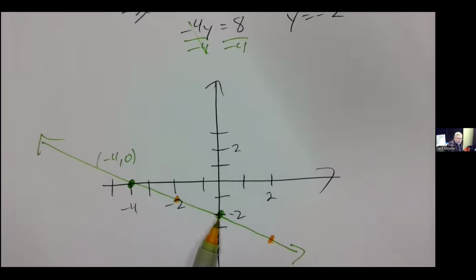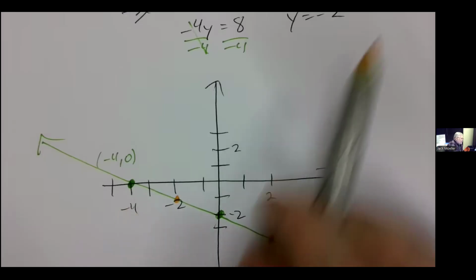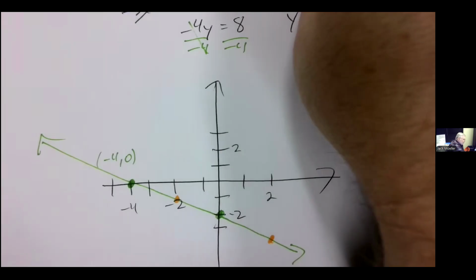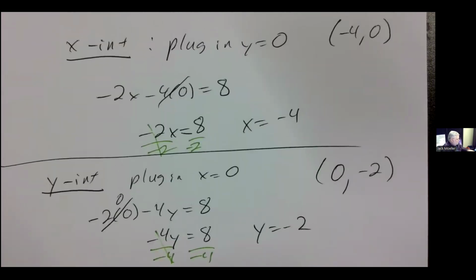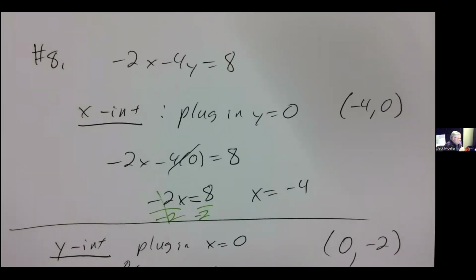I tried to pick problems where they actually ask for it explicitly, but you're going to see some that don't even ask you for the actual numbers. They just say graph it. But when in doubt, it doesn't hurt to plot your intercepts. Okay? So that's the key: for x-intercepts plug in y equals 0, for y-intercepts plug in x equals 0.